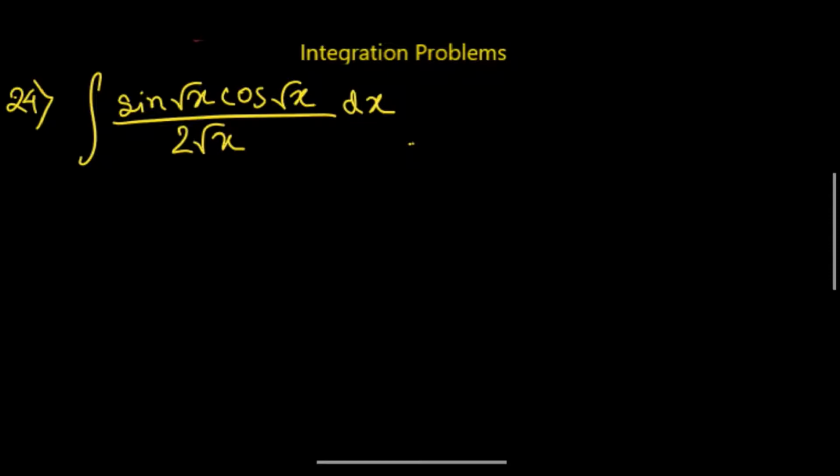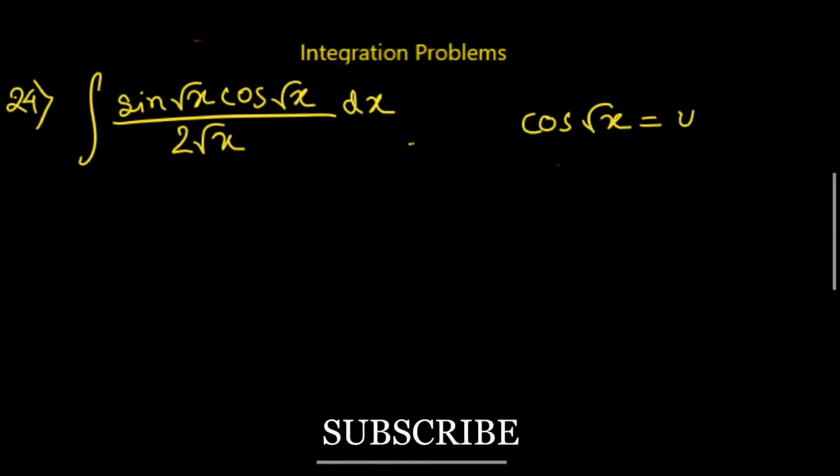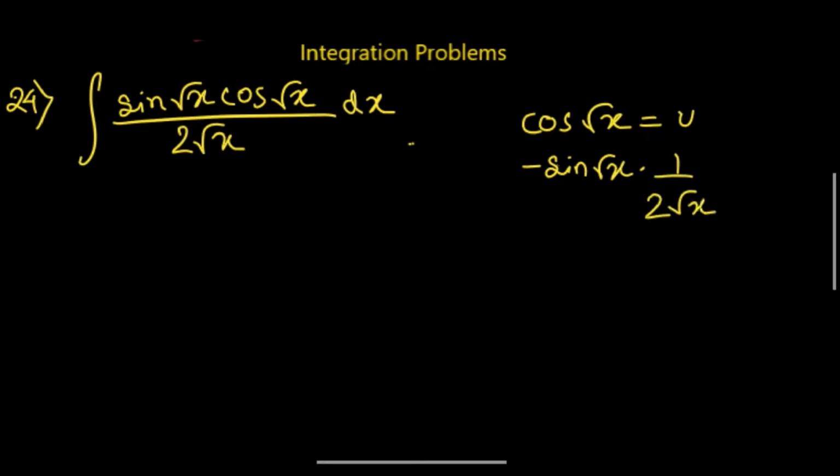So if we take cos root x as substitution, suppose we take cos root x as v, then minus sin root x dot 1 by 2 root x gives dv by dx.